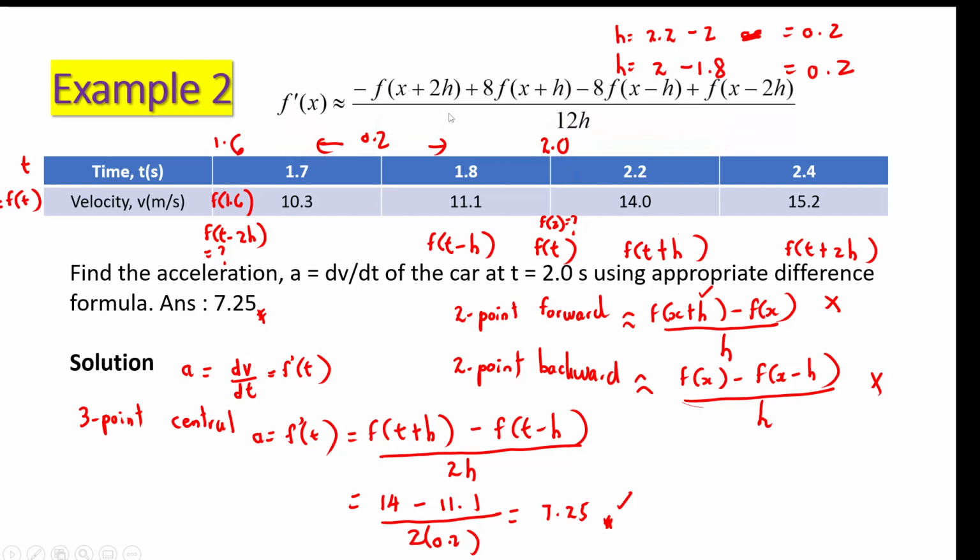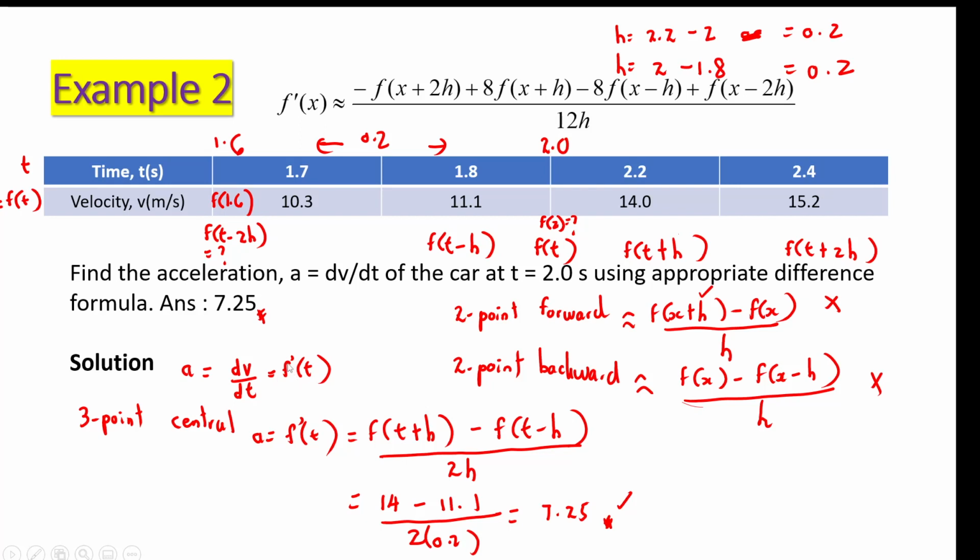For the 5-point difference formula, you have t plus h, t plus 2h, t minus h. You don't have the t minus 2h.